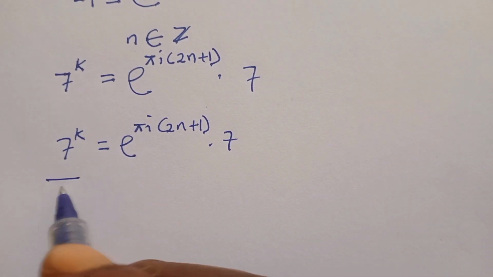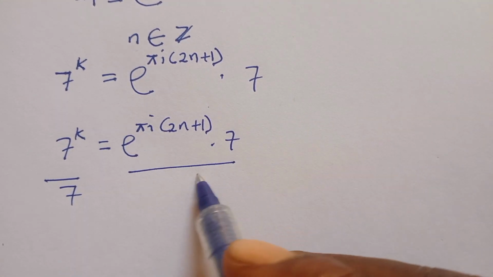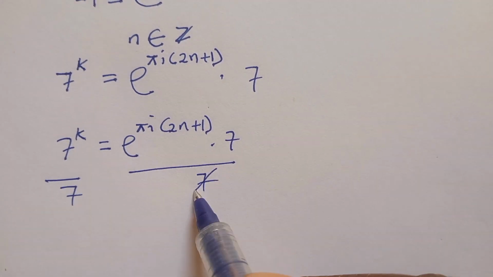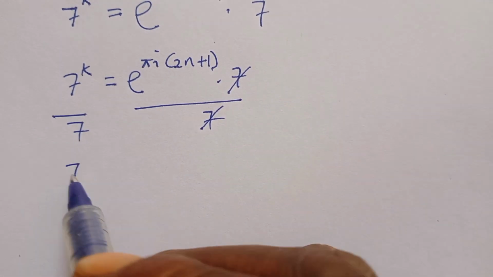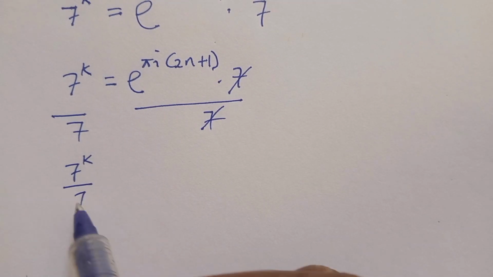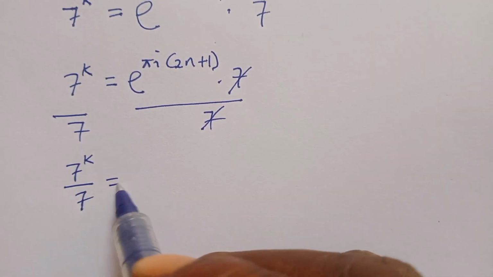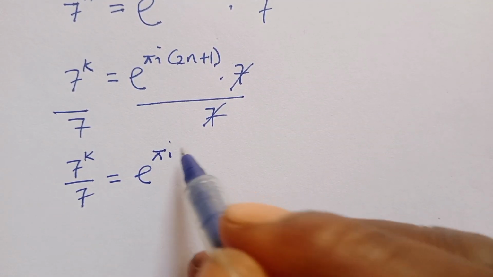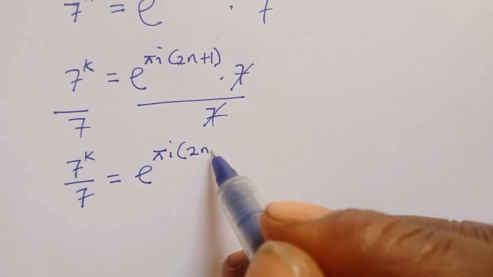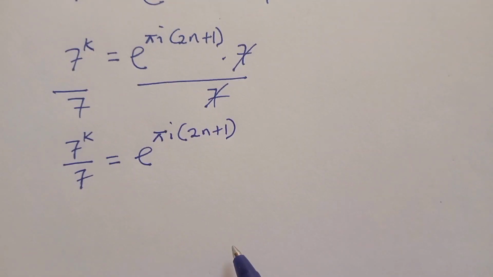Divide here by 7, divide here by 7. So these 7 cancel out each other, and we are left with 7 to the power of k divided by 7 equal to e raised to the power of pi i into bracket 2n plus 1.